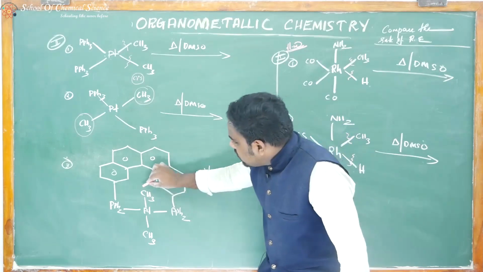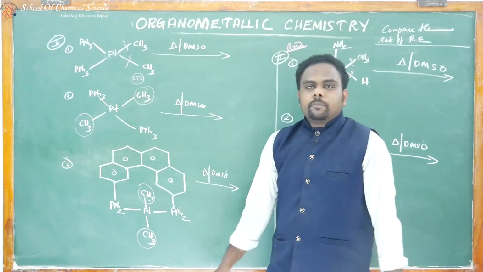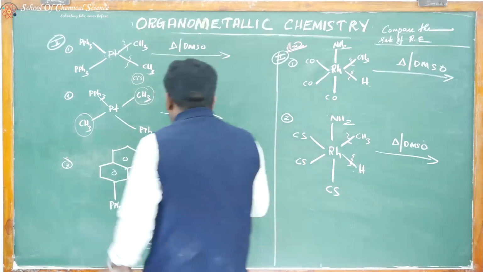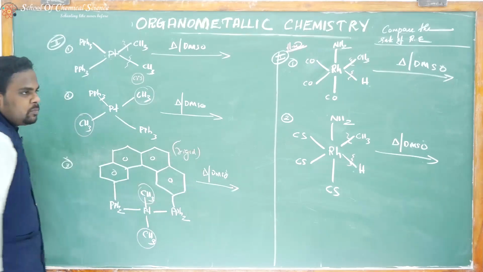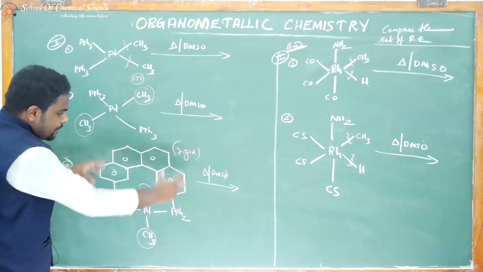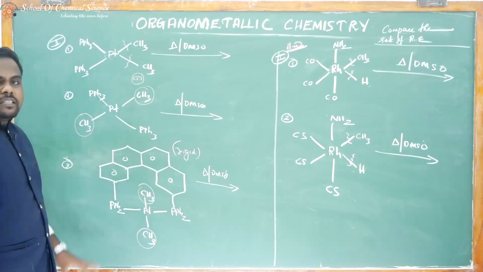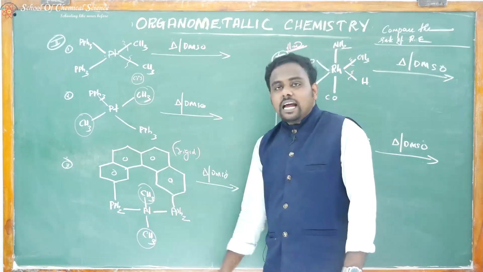Here also these two CH3 are trans to each other, but here one important thing: this is a rigid system. It's a part of a cyclic ring. Here isomerization is not possible, whereas in the previous case isomerization is possible. Here isomerization does not take place, so it will always exist in trans form.